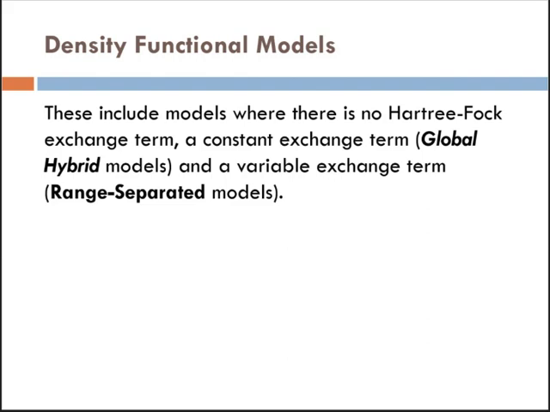That's a costly step, but it leads to a rather significant improvement. You can either put that in as a constant, which is called global, or you can put it in as a function of the density, which is called range separated. So the first approximation is the generalized gradient approximation. The second one is whether we put in the Hartree-Fock term or not, and if we put it in, do we put it in as a constant or a variable?